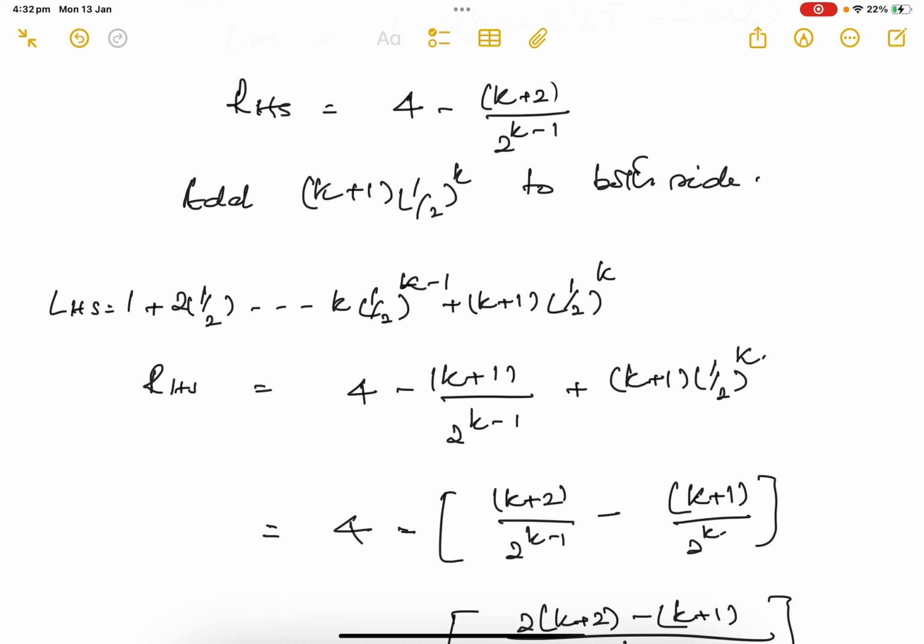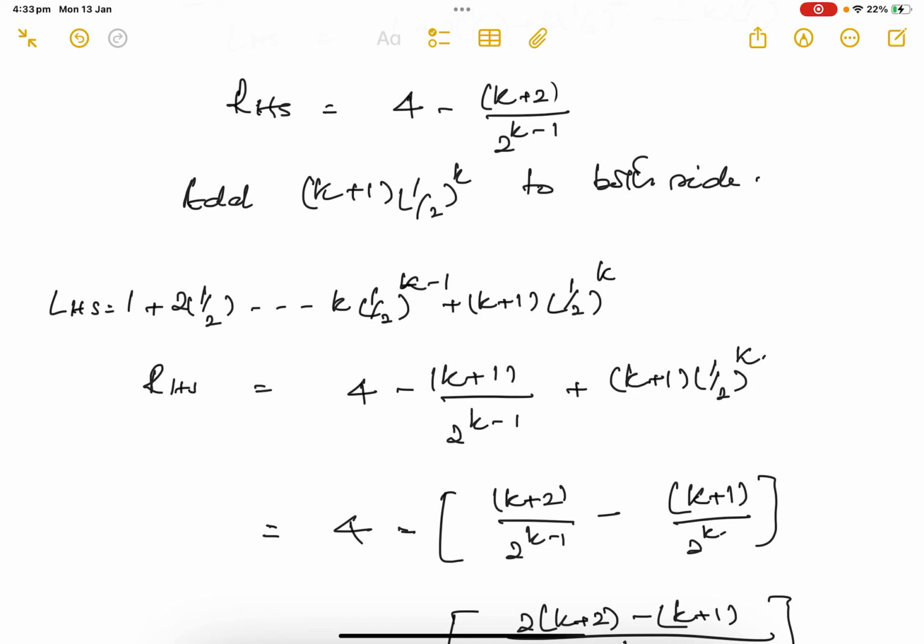The left hand side is 1 plus 2 times half up to k times half to the power of k minus 1, and now we add the next term in the series, k plus 1 times half to the power of k.